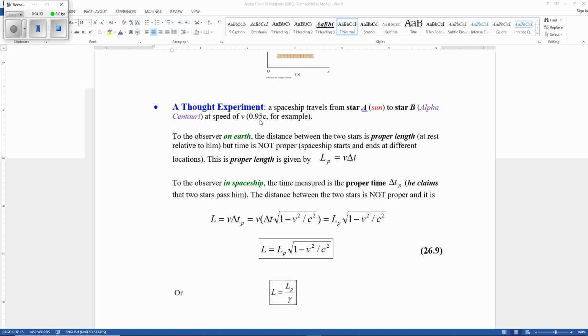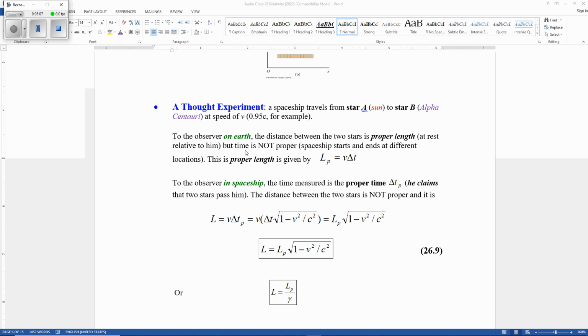Now, from star A to star B, to someone on the Earth, for us, for example, the distance from star A to B is of course fixed, right? It's at rest. So the distance from star A to star B is the proper length to us, to an observer on the Earth.